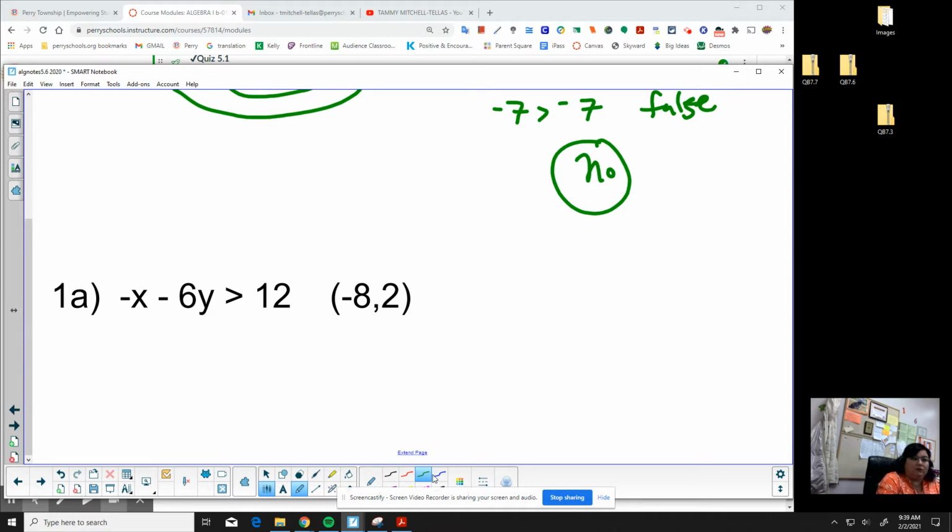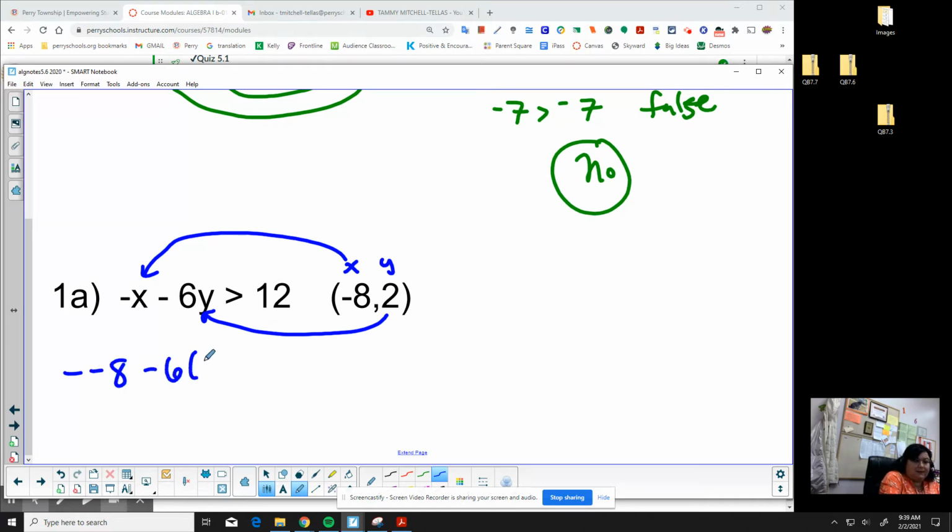All right, same thing here. I'll do one more and then you'll try a couple. So this is X and this is Y. So I'm going to put the X in here and the Y in here, and then we're going to use Desmos. So negative's already there. So -8 minus 6 times 2 is greater than 12.